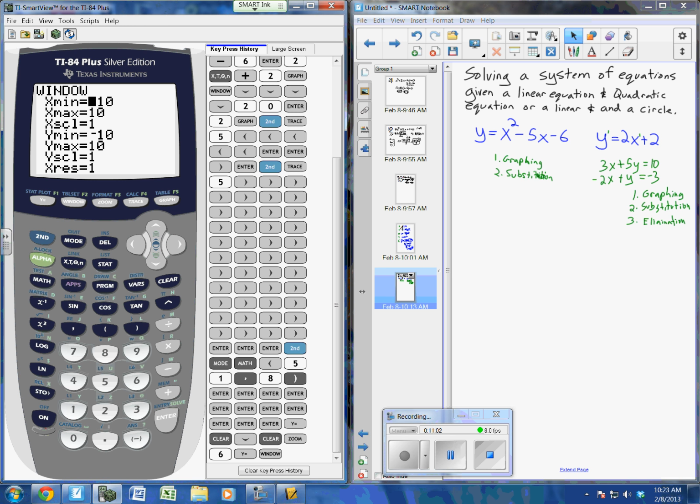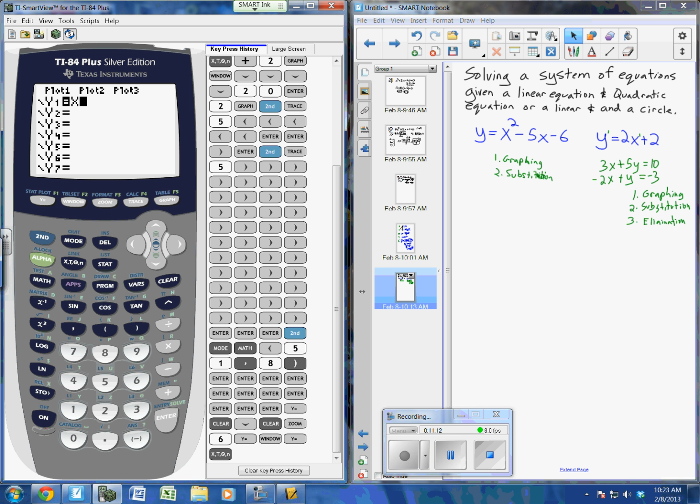Okay? Now, hit y equals. We're going to type in y equals x squared minus 5x minus 6. We already have the y equals. So hit x, which is this button right here, squared, which is this button right here, minus, which is this button right here, 5x.